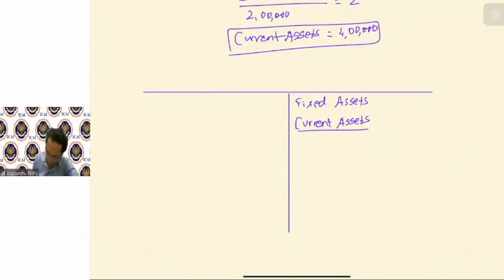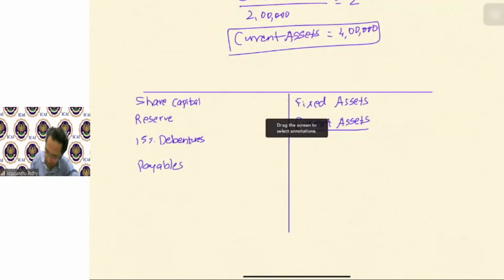And on the liability side, you have share capital, then you have reserve, then you have 15% debentures and payables.